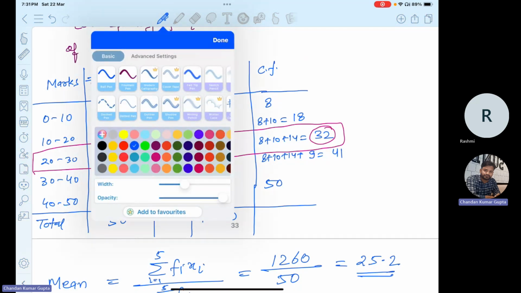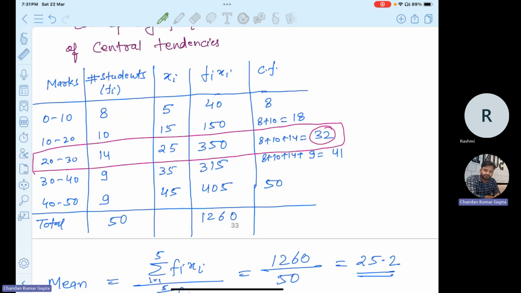So here, if you see, you will find 14 is the highest number. In the students frequency column, the highest number is 14, and that belongs to the same class as the median. It may be possible it belongs to some other class interval, but for this particular example, the modal class is again 20 to 30.